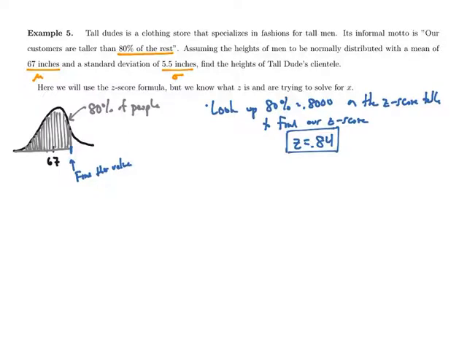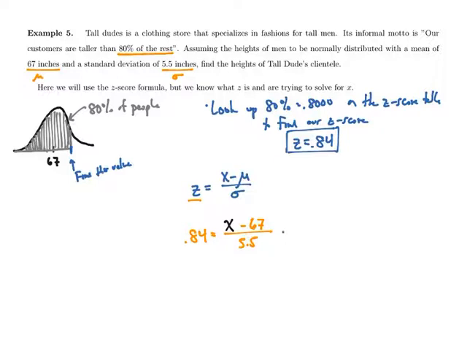But we want to find the x value, the data point with our normal distribution. So we know that z is going to be equal to x minus mu over sigma. Now we know z, we know mu, and we know sigma. So we're just trying to find our data point x. We're going to have to solve that equation for x.